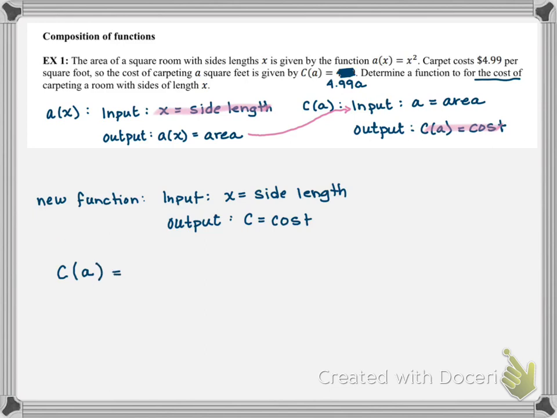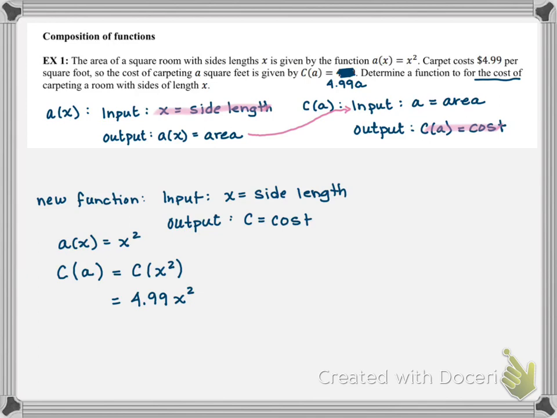We know that A of x is equal to x squared. So the area of a room with side length x is x squared. I'm going to plug that into my cost function. So I'm going to do C of x squared, which gives me, well, the function C just multiplies 4.99 times its input. So that gives me 4.99 x squared.